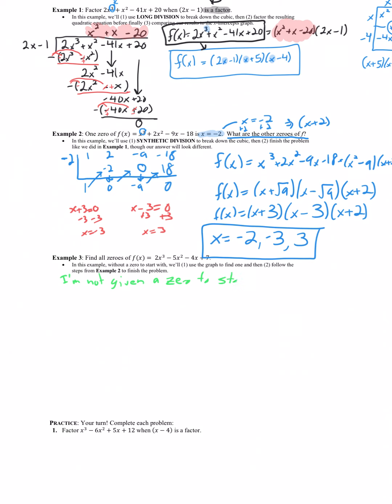Since I'm not given a 0 to start, what I need to do is graph this and find the zeros. Which is never a bad idea anyway. Because if I find all the zeros on the graph first, then I can prove that I'm doing my problem correctly.